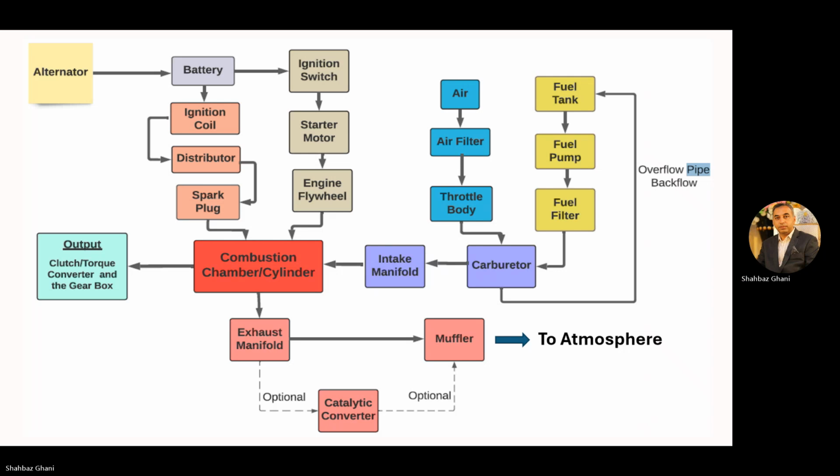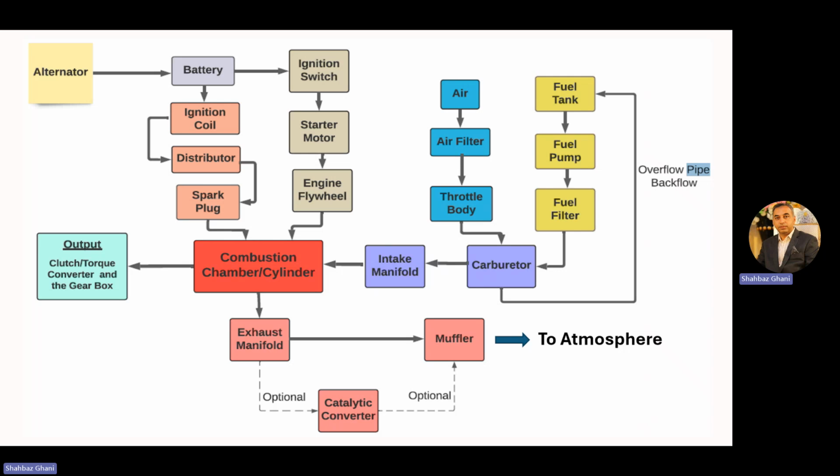Starting from here, we have a fuel tank in your vehicle. You can divide the vehicle into three parts: first the engine compartment, then the passenger compartment, and then the trunk or the luggage compartment.